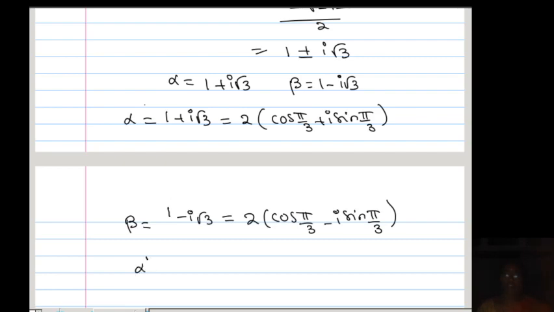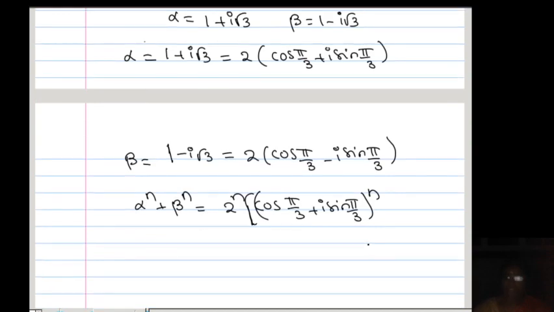I want alpha power n plus beta power n, the LHS. So I am taking 2 power n common outside. Alpha power n plus beta power n, 2 power n common. Here also 2, here also 2. So cos pi by 3 plus i sin pi by 3 whole power n, plus beta power n, which is cos pi by 3 minus i sin pi by 3 whole power n.